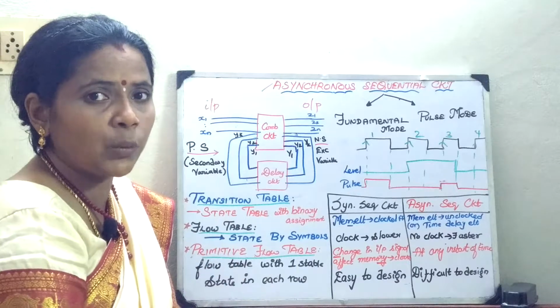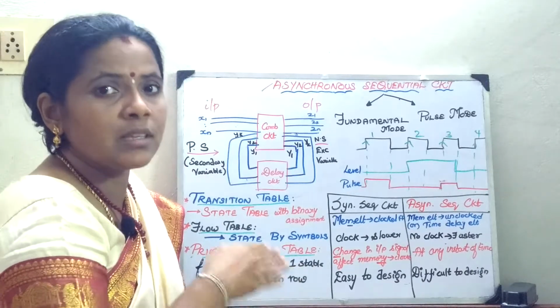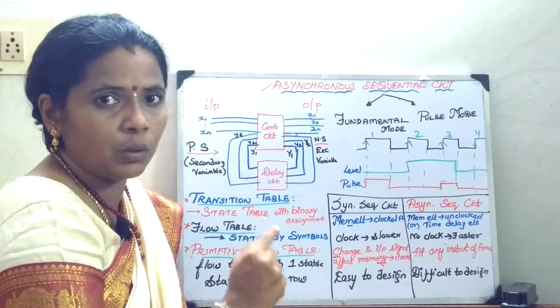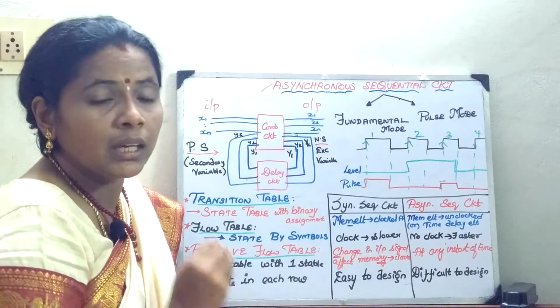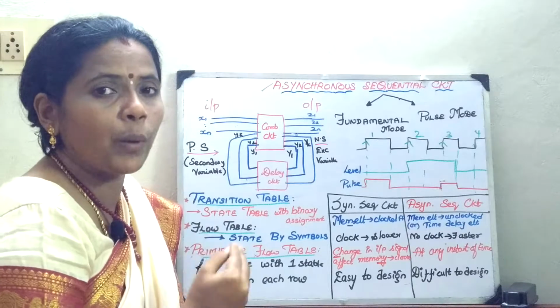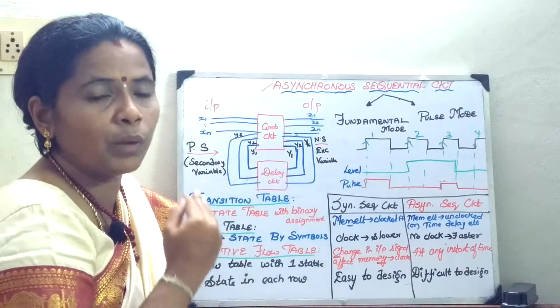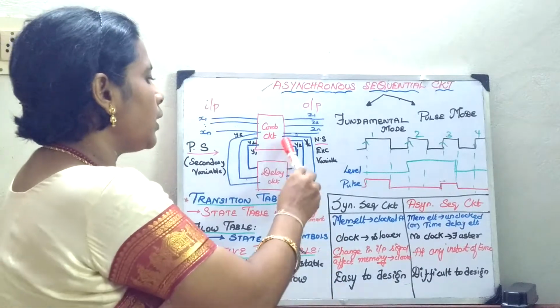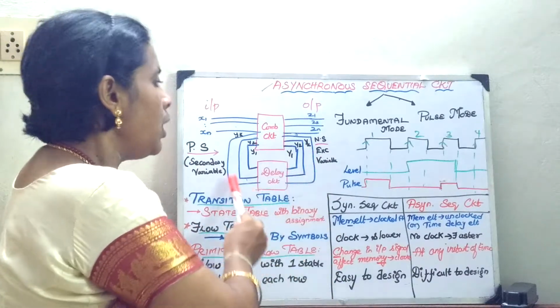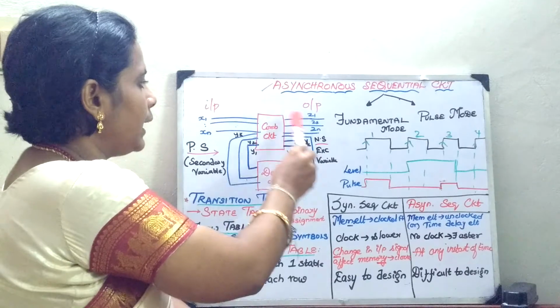In a synchronous sequential circuit, you have a clock, and based on that only the data transition occurs, so everything is in a proper sequence. Here you have to provide some other mechanism by which you make your system stable, for which you are taking all your excitation variables. Since there is no clock, the data will be changing.